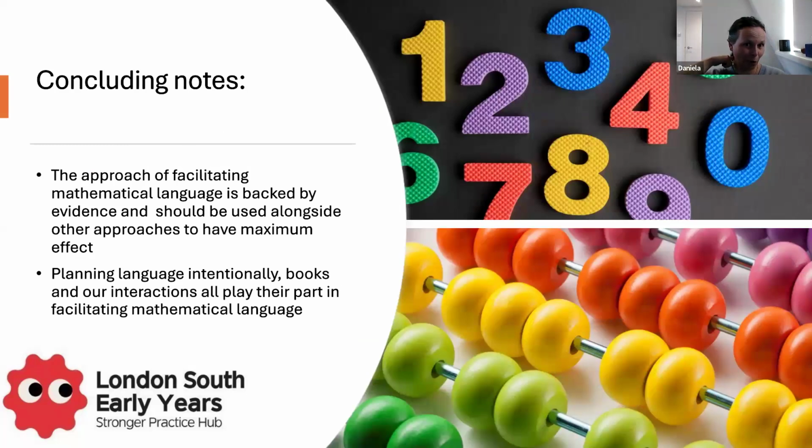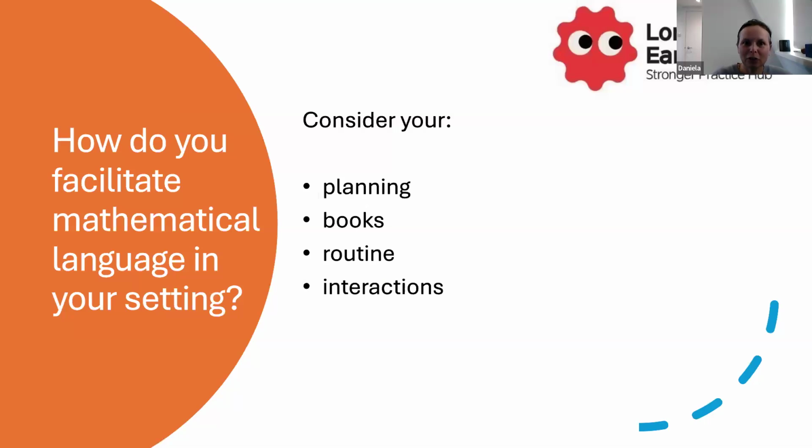So this approach of facilitating mathematical language is backed by evidence and should be used alongside other approaches to have maximum impact. Planning your language intentionally, books, and your interactions all play their part in facilitating mathematical language. So a good thing for you to do in your own space, your own setting, is to think about how do you plan over the year to ensure that mathematical language is broad and looking at all the different strands.